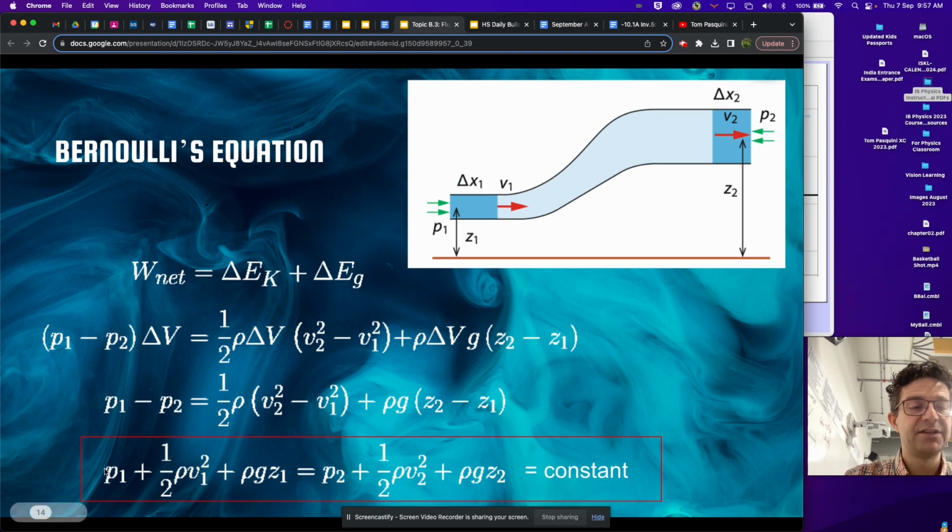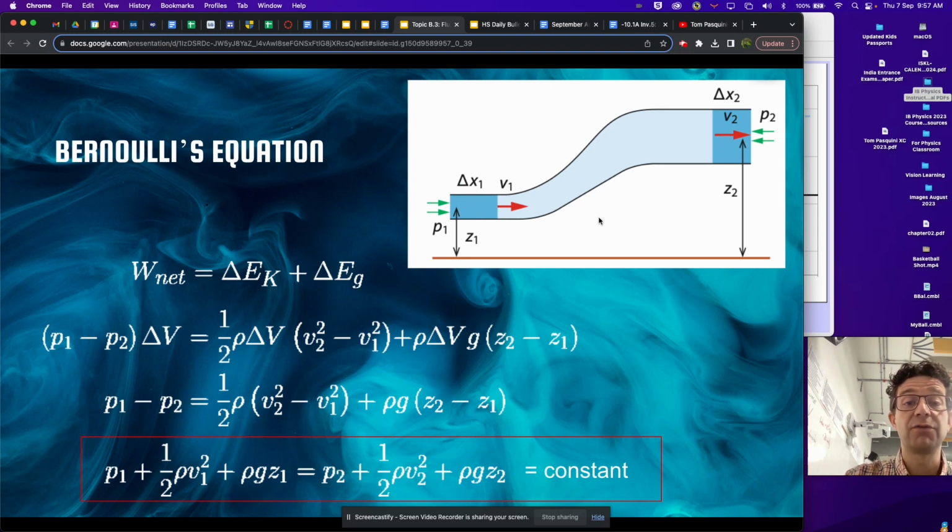So we have pressure 1, the sign changes here, plus 1/2 rho V1 squared, the sign changes again, plus rho g Z1 is equal to, move this over to the other side, and it becomes P2 plus 1/2 rho V2 squared plus rho g Z2 is a constant. So pressure, kinetic energy density, potential energy density, the sum of those three terms must be constant as long as you have an ideal fluid moving through your system.